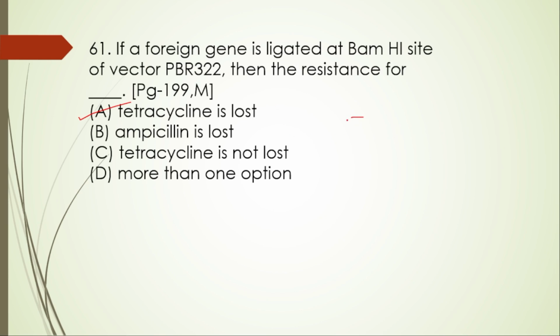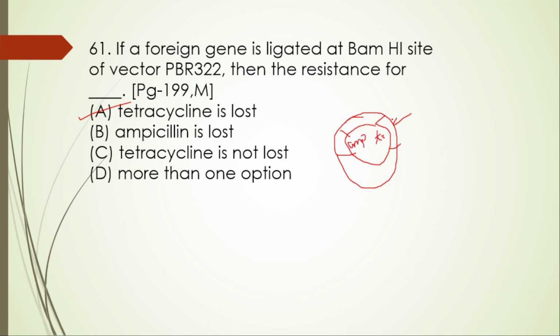If for example I say this is the pBR322, there will be a site for restriction enzyme, that is tetracycline here, and we will be having BamHI here. If a foreign gene is ligated at this site, which is for tetracycline, and there is a site for ampicillin, this is the site for ampicillin.